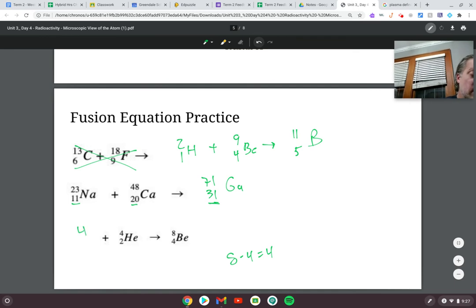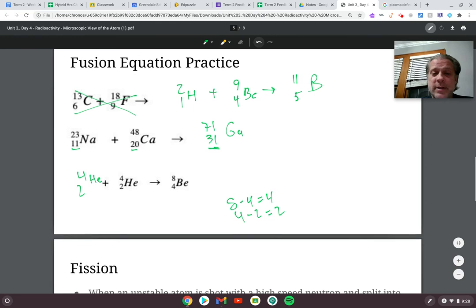So my first element has got to have a mass number of 4, and I'm going to take 4 minus 2, which gives me an atomic number of 2, which tells me that in this particular problem, a helium atom was fused with another helium atom to give us a beryllium atom. So that's how fusion works. And again, it takes place in stars. It's almost impossible to happen on Earth, but it gives off tremendous amounts of energy.